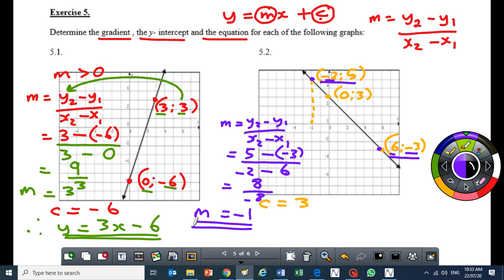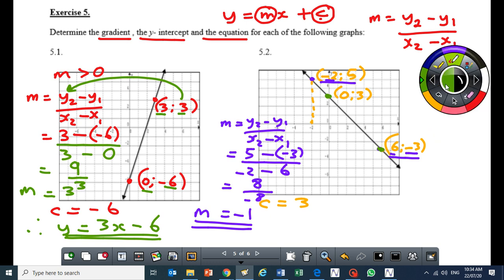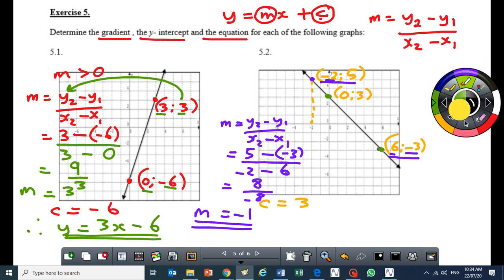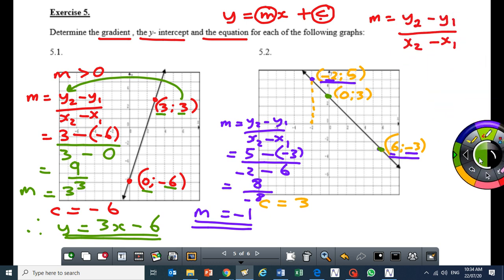Now let's prove that the gradient is really minus 1. So I'm going to use this point now. Let me use a different color. I'm going to use this point and that point. Let me call this point my x2, y2.